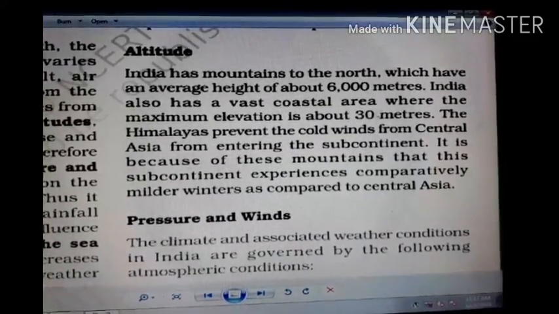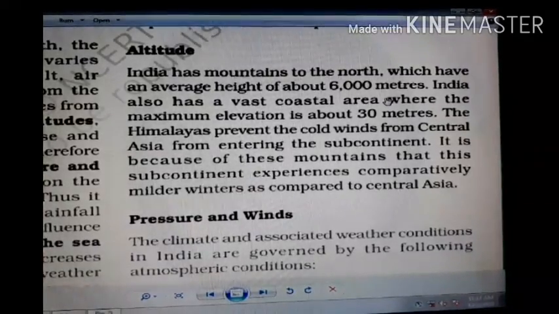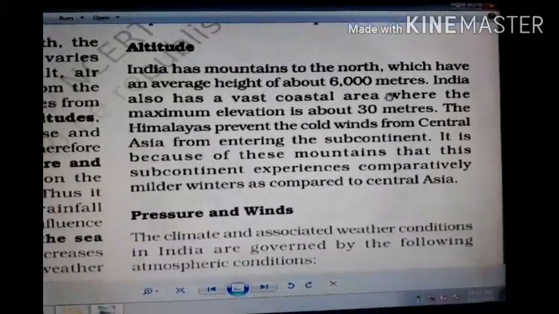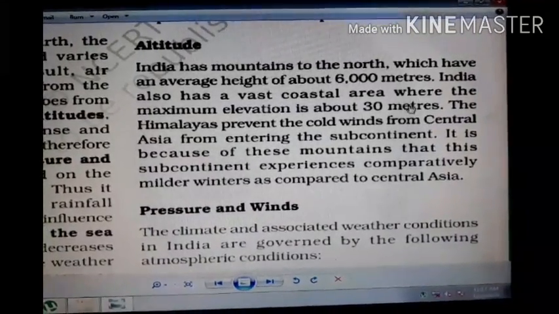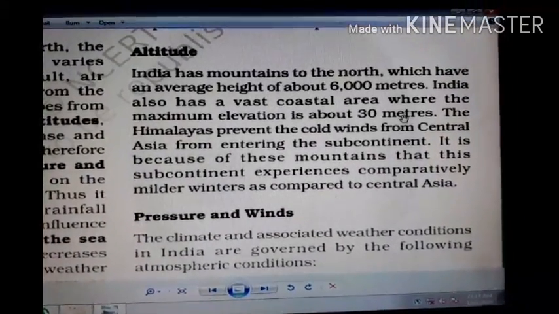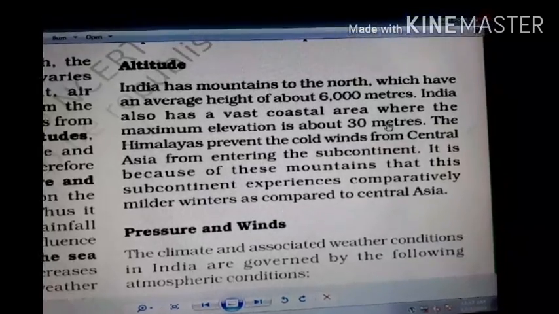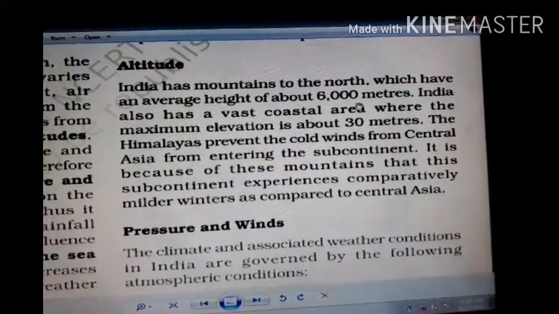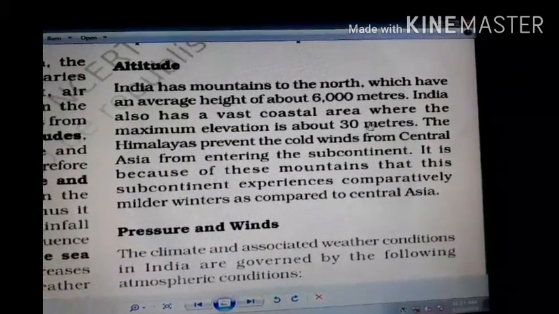So there is quite a variation between the heights of the landforms of the coastal region and the northern part of India, the Himalayas.